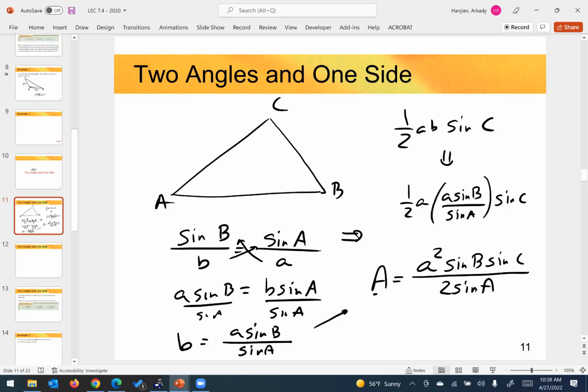So notice on top you have A squared, sine of B, sine of C, and then your angle measurement is sine of A on the bottom. Good, so little a and big A. If you had B squared in the formula, what would the angles be? One side, you have the corresponding angle on the bottom. So you do B squared sine of A sine of C is equal to 2 sine of B.